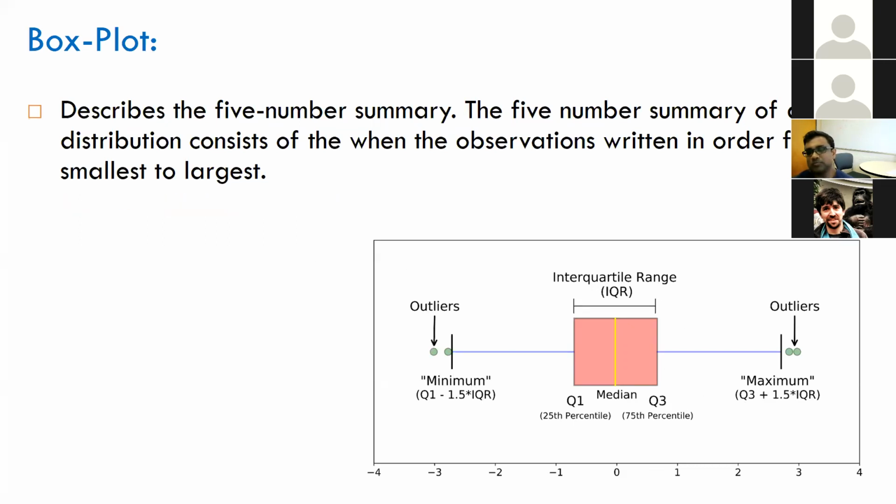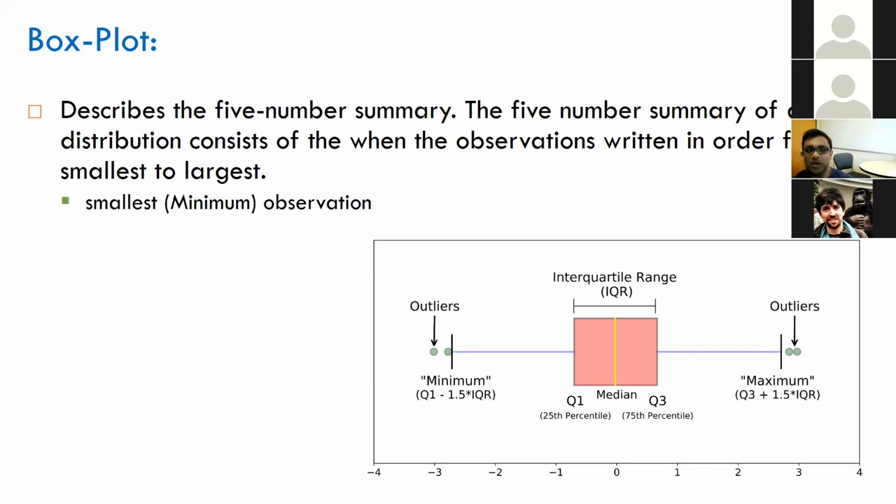So let's say you collected plant heights, right? 10 plant heights from a particular plant. And then when you organize your data, you have 10 plant sizes, in ascending or descending order, you divide the plant heights into 4 main groups, like 25%, 50%, 75%, right?